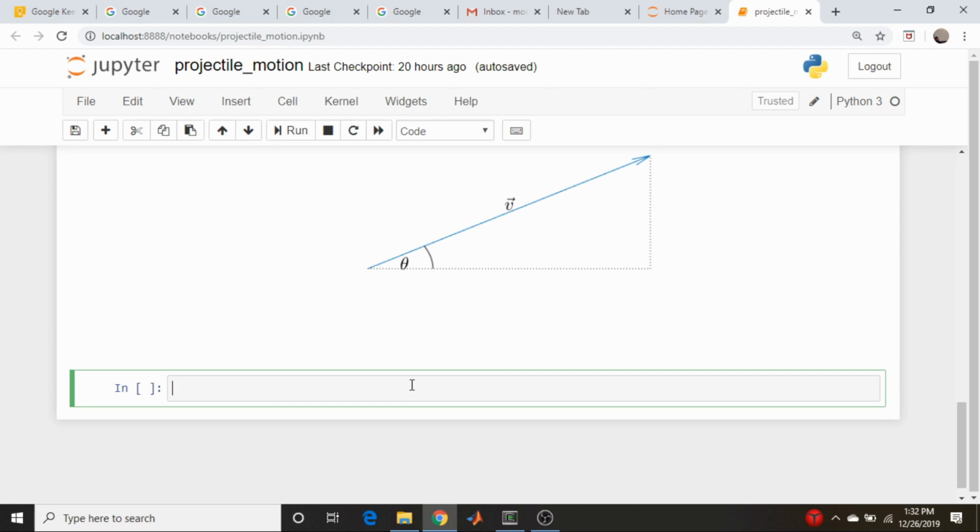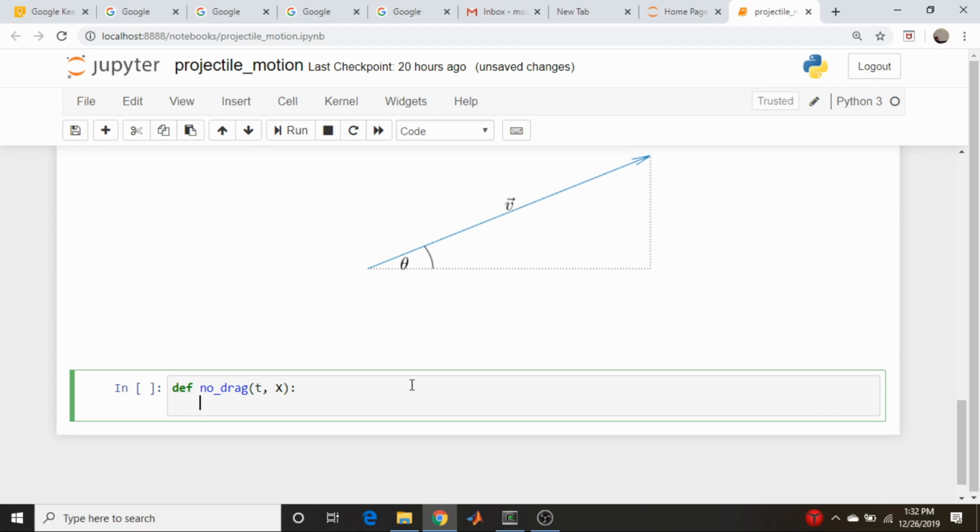So let's move down here. I'm going to create a function called NoDrag. It's going to take an argument t, and our dependent variable is going to be capital X. This function needs to return a vector of derivatives, so I'm going to allocate that ahead of time. It's not strictly necessary, it's just something I do.